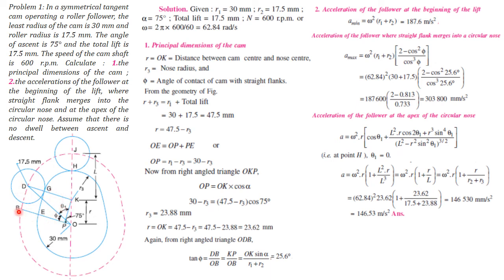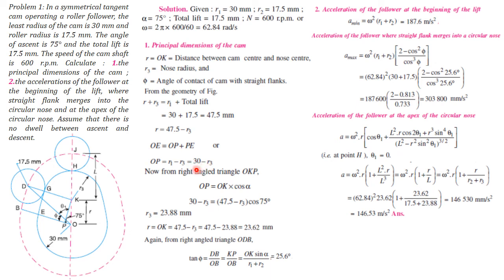In this rectangle KPEG, GK is equal to PE, and GK is nothing but R3, the nose radius. Therefore EP becomes the nose radius, and OP is equal to R1 minus R3, that is base circle radius minus nose radius. Therefore OP is equal to 30 minus R3.